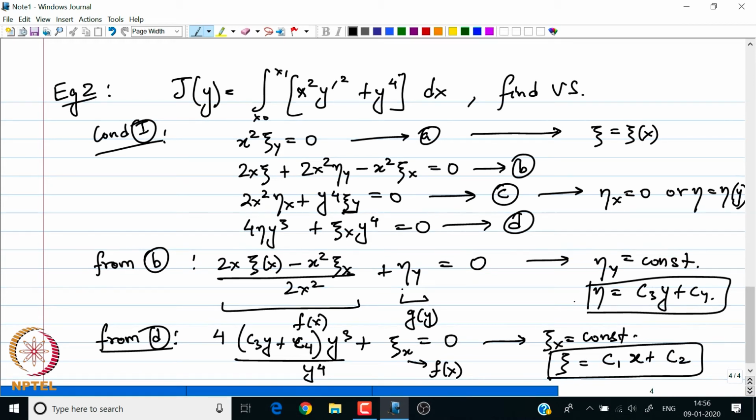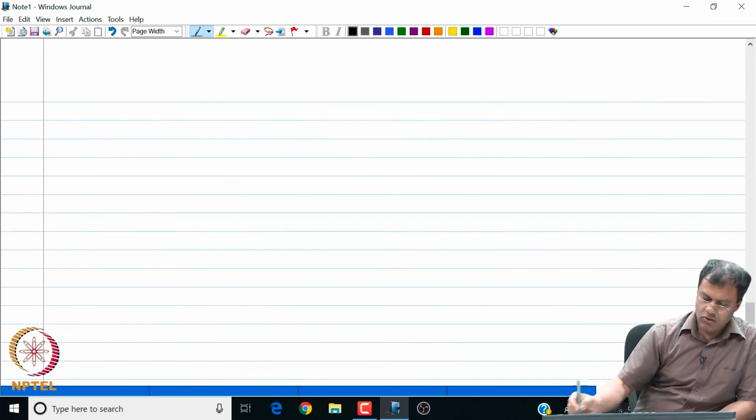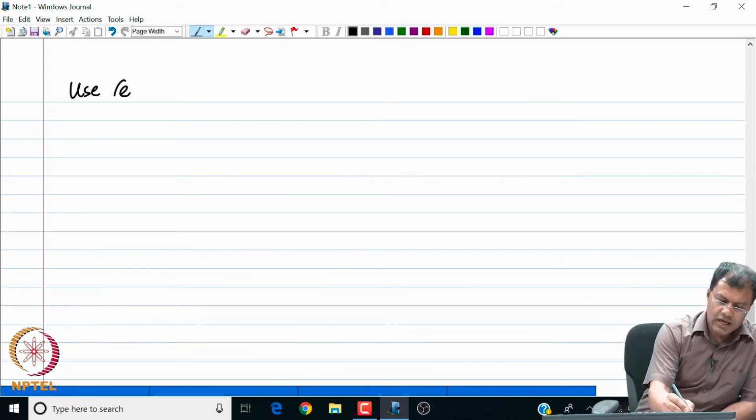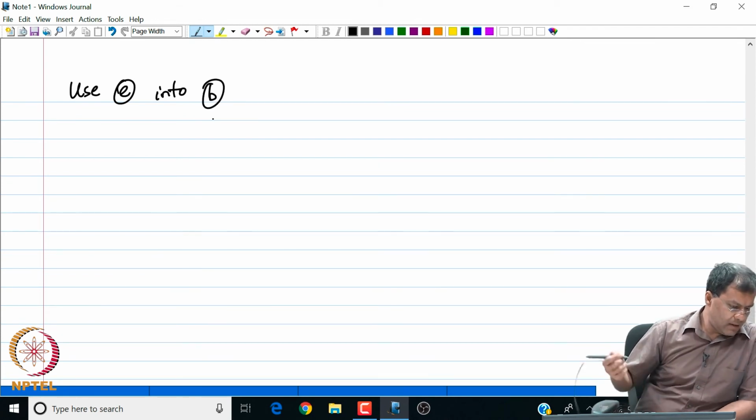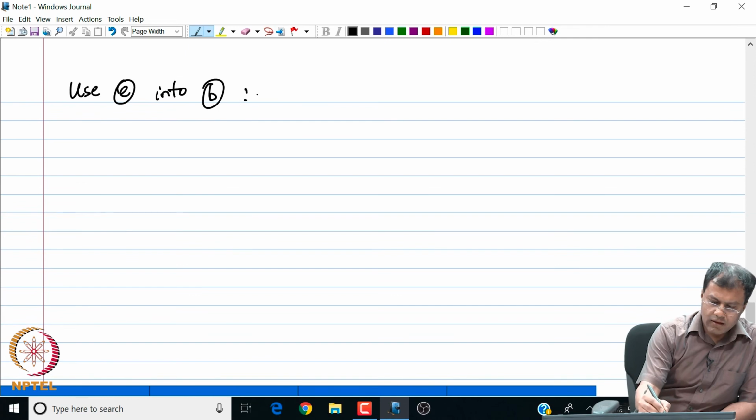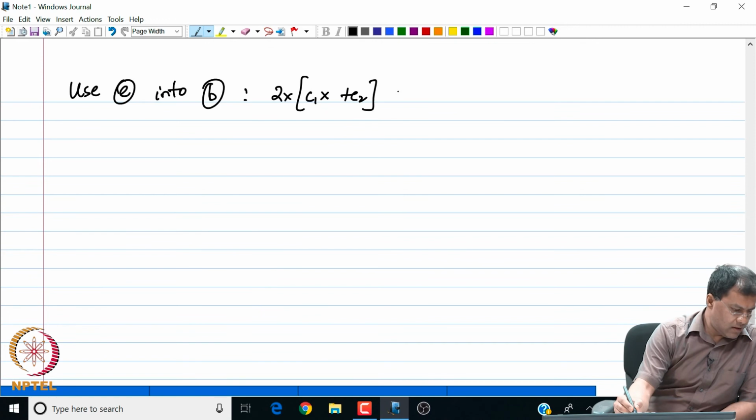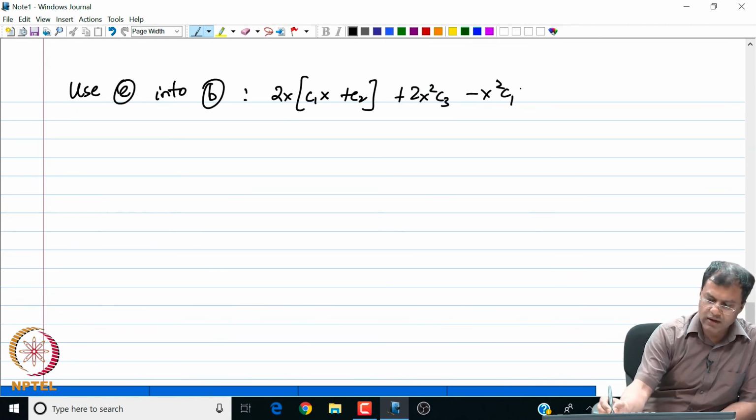Let me call these two relations my relations E. If I plug relation E into B, I see the following: 2x (C1 x plus C2) plus 2x square C3 minus x square C1.